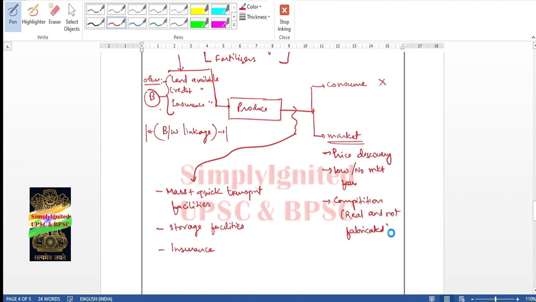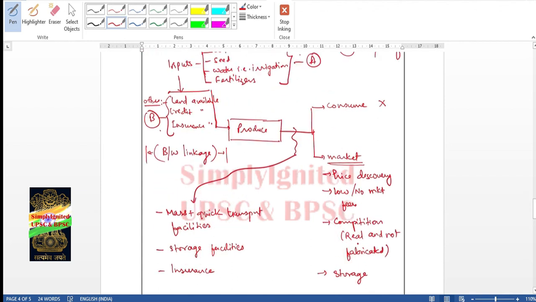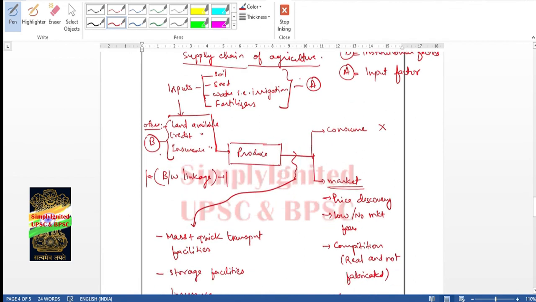What else you will need? You will need storage here also. So you see, whenever an agriculture question comes, how many points you have?